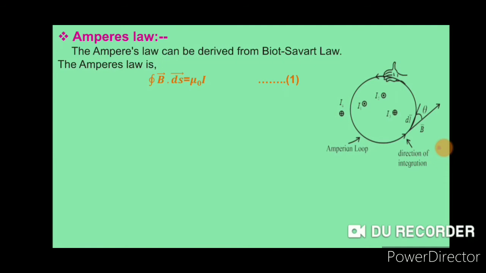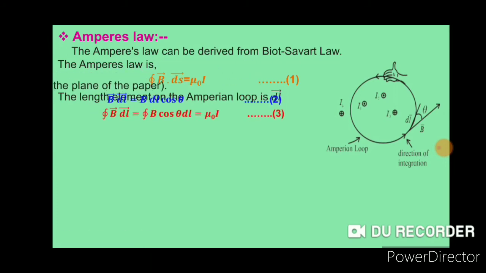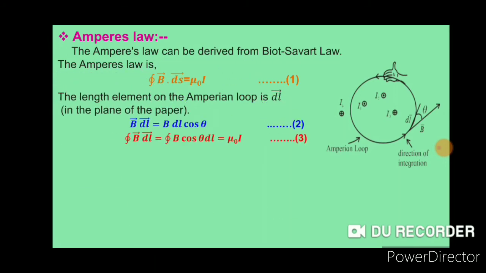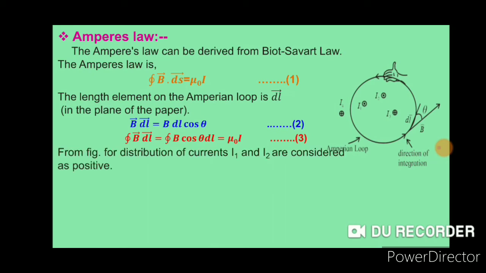The length element on the Amperian loop is dl bar, which is in the plane of the paper. Therefore, B bar dot dl bar is equal to B dl cos theta. Suppose equation number 2. Therefore, the integration over the closed loop of B bar dot dl bar is equal to the integration over the closed loop of B cos theta into dl, equal to mu 0 into I. Suppose this equation number 3.